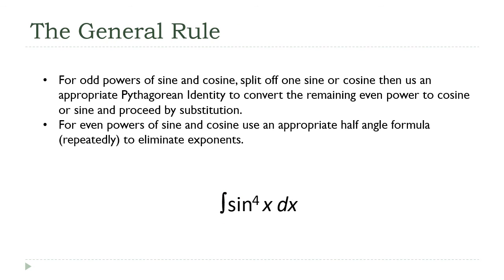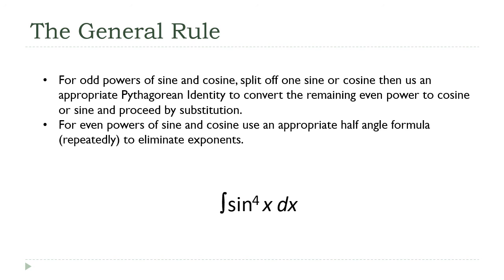So I'm just summarizing what we did here. If you have an odd power of the sine or cosine, like we did in the first example, split off one sine or cosine, then use the Pythagorean identity to convert the remaining even power and do substitution.